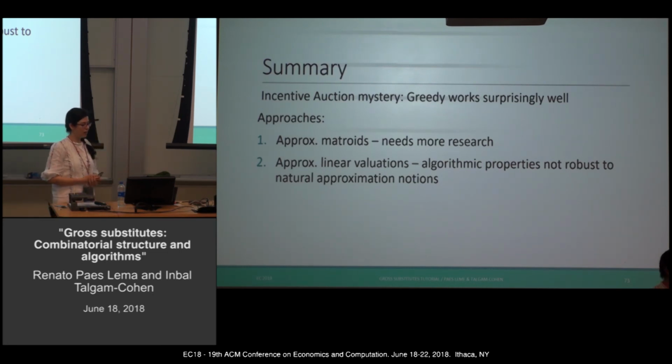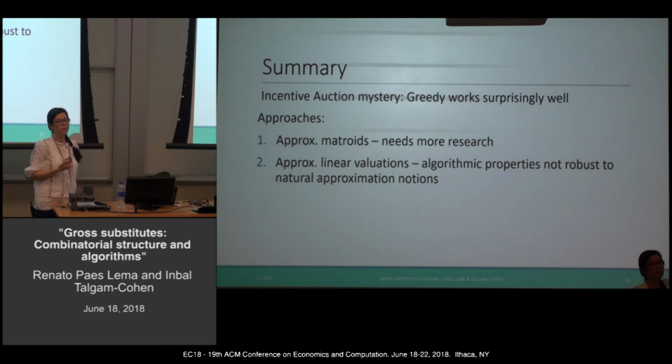And here it turns out that the algorithmic properties are not robust to very natural approximation notions. Okay, but I think it's super important to solve this mystery: why greedy works in practice. It's going to be hard given these initial results, but it's very important.